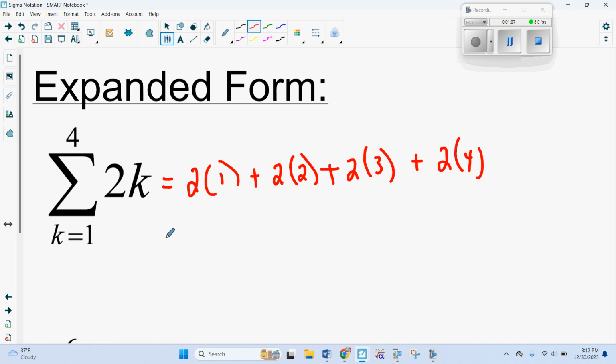So if we expand this sigma notation, this would be 2 plus 4 plus 6 plus 8. That is expanded form. Now, if we wanted to evaluate this and sum this up, we can add that up and get 20.